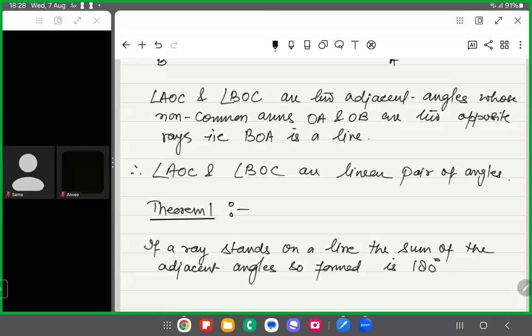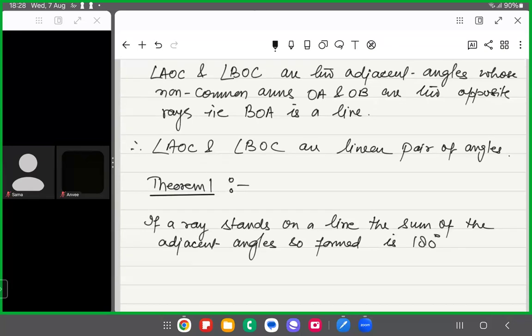Okay. Is that clear? If a ray stands on a line, the sum of the adjacent angles so formed is 180 degree.